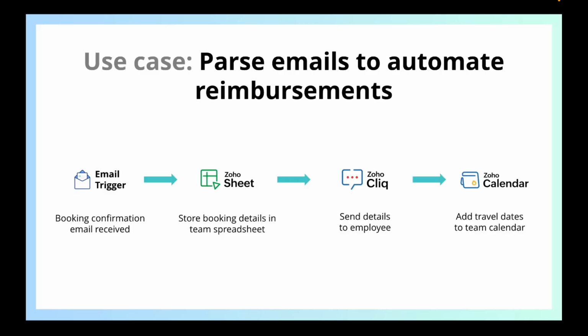So with Zoho Flow's email, what you can do is you can set up this email trigger to receive emails from a particular address or from a mailbox, and Zoho Flow will automatically parse information from the body of the email. Now, once you have that information, you can use that information as variables for the rest of the actions.